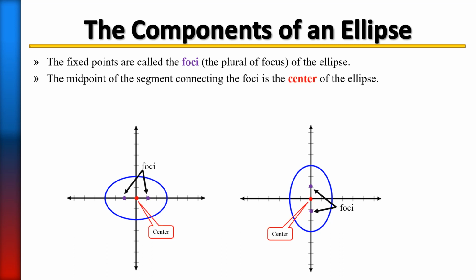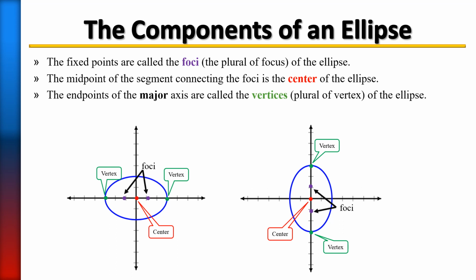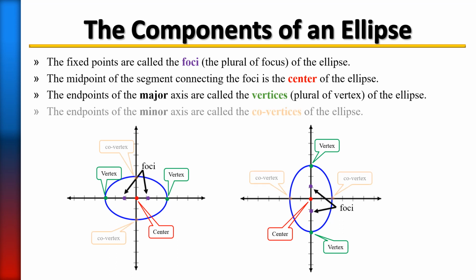The midpoint of the segment connecting the foci is the center of the ellipse. The endpoints of the major axis are called the vertices, plural of vertex, of the ellipse. And the endpoints of the minor axis are called the covertices of the ellipse.